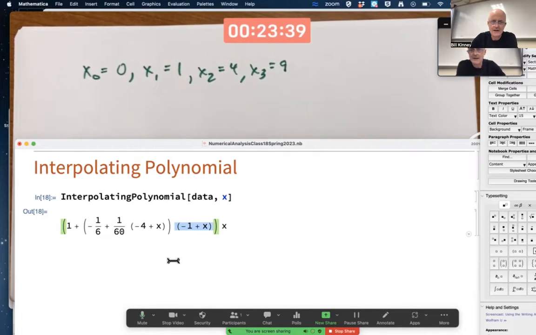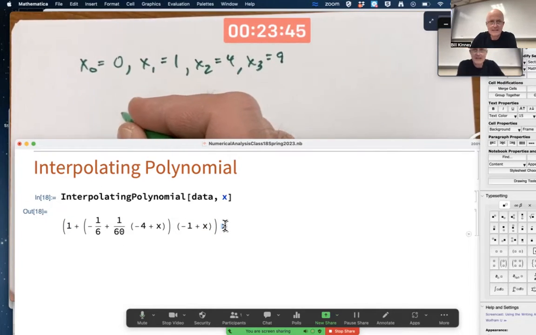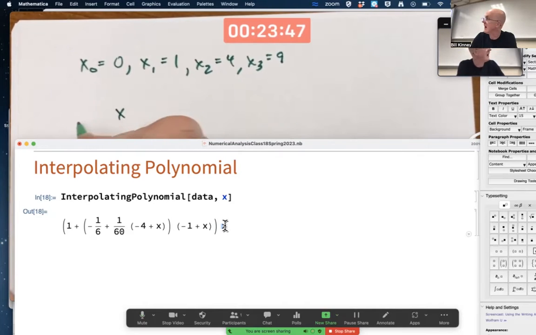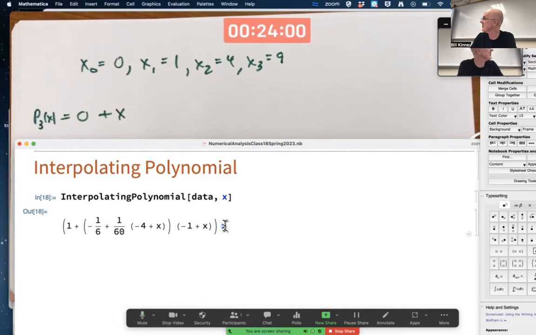Let's see, we got to have a 1 times x is just x. The constant term is 0, by the way. Let me go ahead and write the constant term, 0. I could call this P3 of x as well here, but it's a different P3 of x than the Taylor polynomial. It's going to be a degree 3 interpolating polynomial.